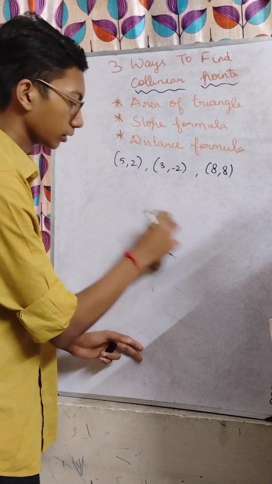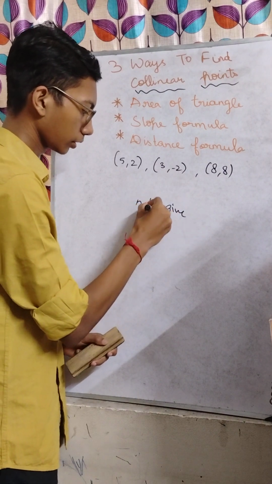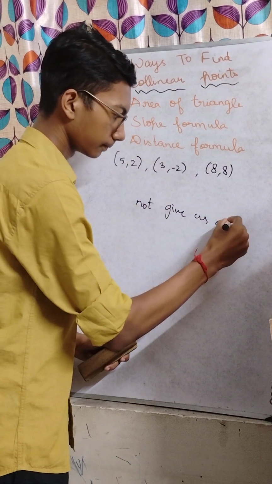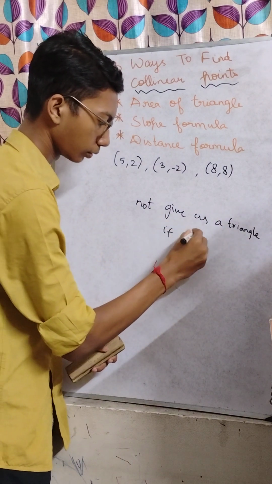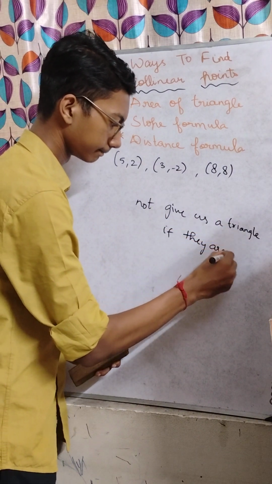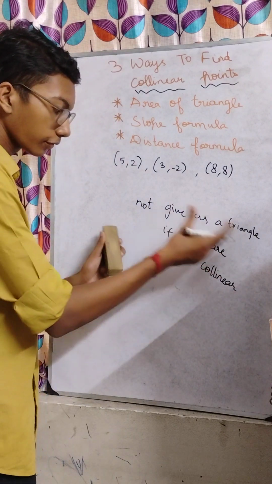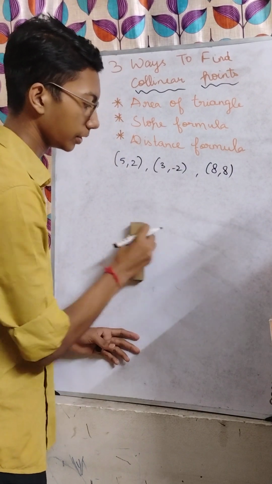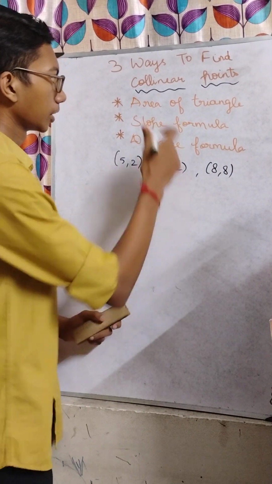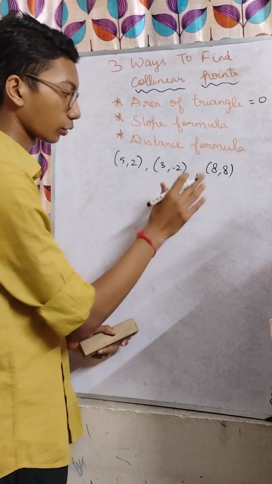So the 3 points will not give us a triangle if they are collinear. So this is what we are going to use here. If we do not have a triangle, then their area will be 0.